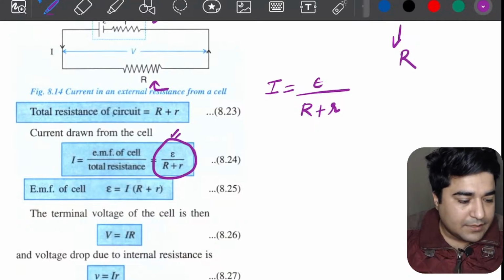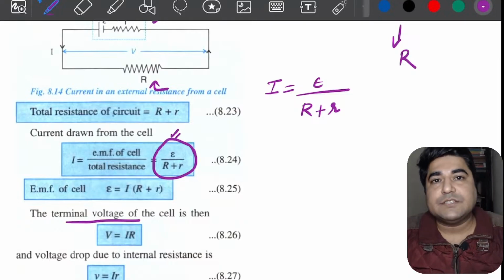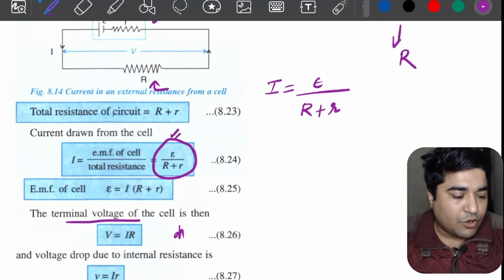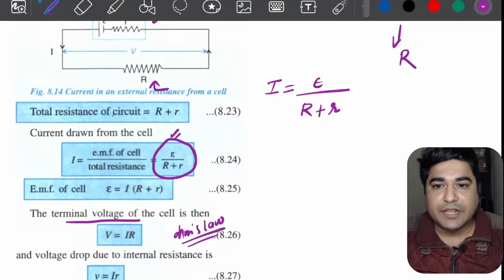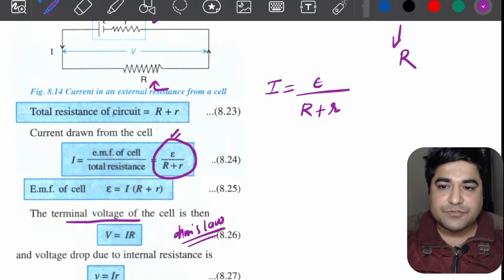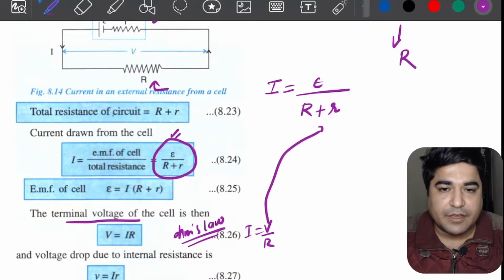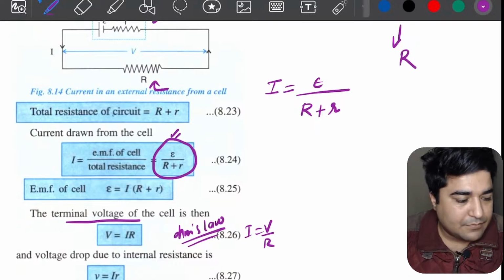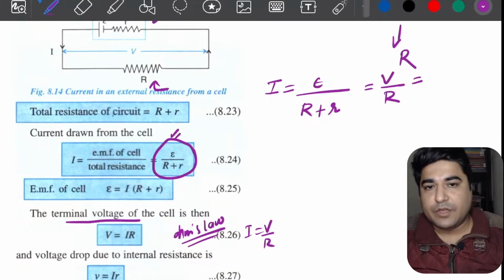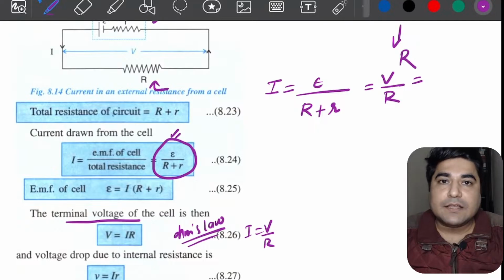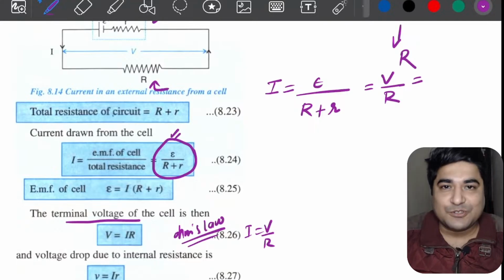Second, as we know, the terminal voltage of the cell is V equal to IR, because of Ohm's law. So just putting this value, I would become V over R. And there would be another value also, because internal resistance is also there, no?